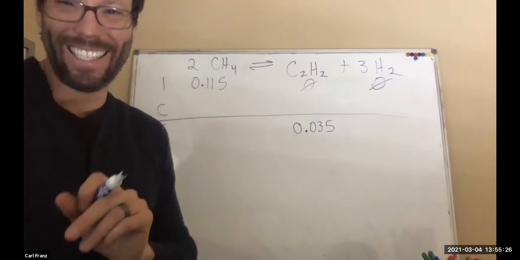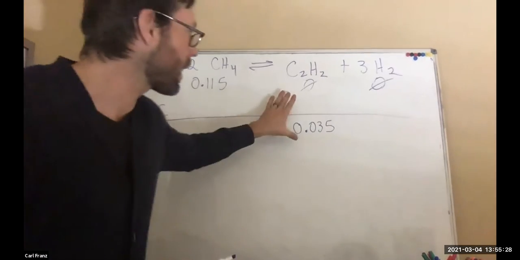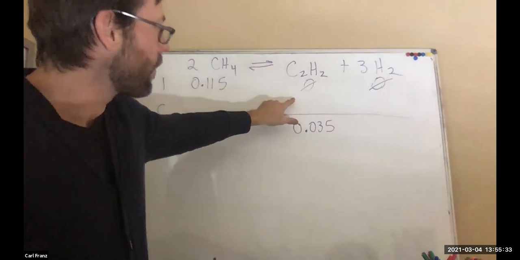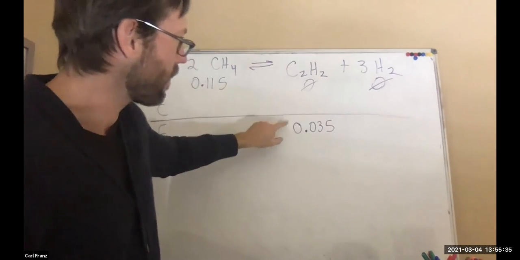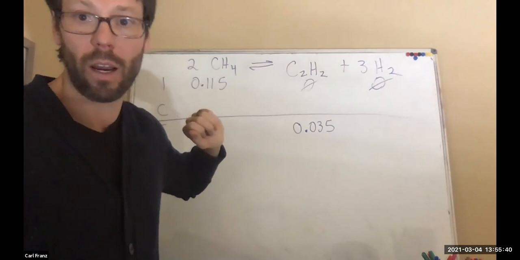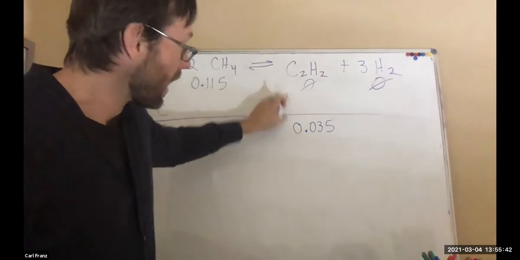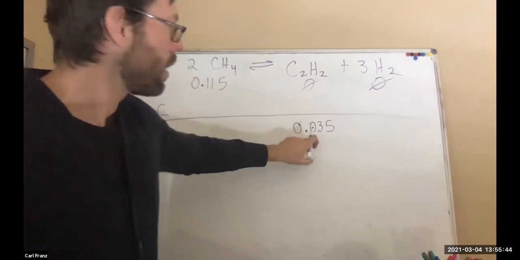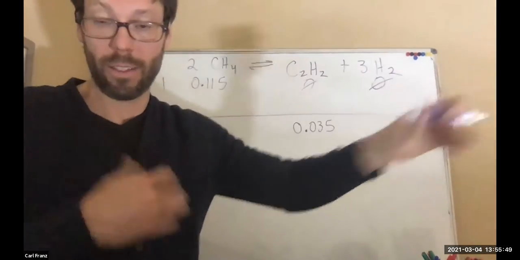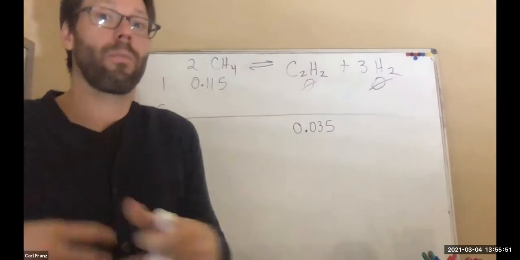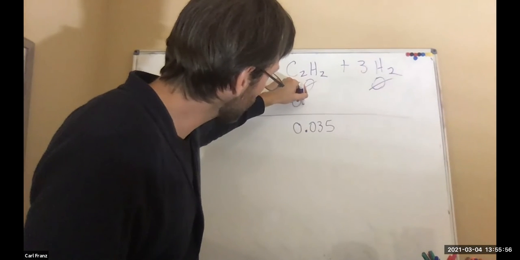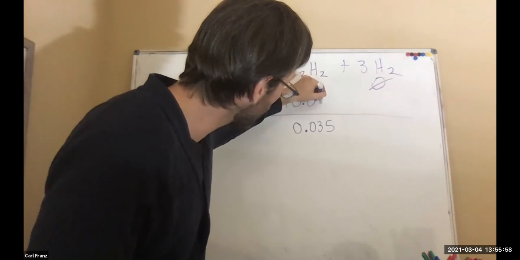Plus X. So just think of it in terms of what the difference is here, right? If it was minus 0.035, 0 minus 0.035 is going to be a negative 0.035. But in this case, because we're going from 0 to something greater than 0, it's a gain. So it's an increase, a positive change. So this must be plus 0.035.